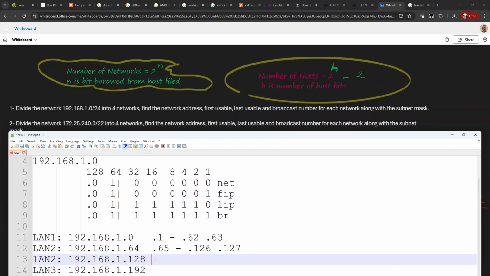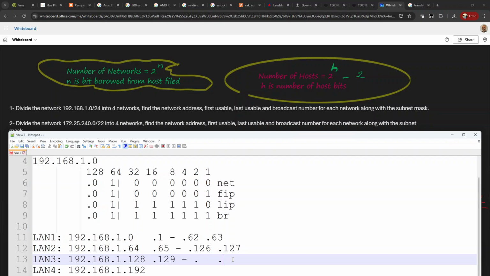So the first usable IP address in LAN 3 is after 128, and then LAN 4 right here. 129 is the first IP, and for the last IP, let's figure out the broadcast. It's easy to figure out the broadcast here.